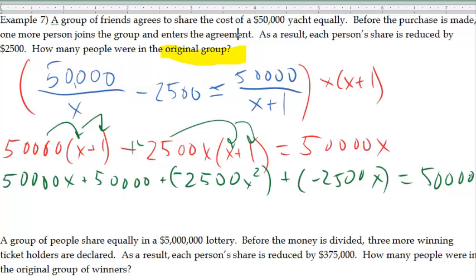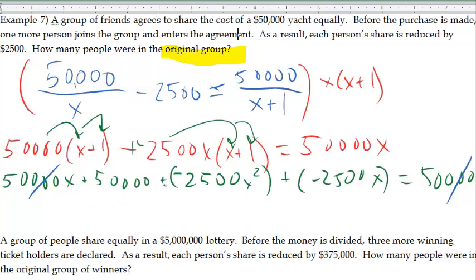Okay, well, if I subtract 50,000 x from both sides, these are going to cancel. So now I'm going to put this in descending order, so I have my x squared first.